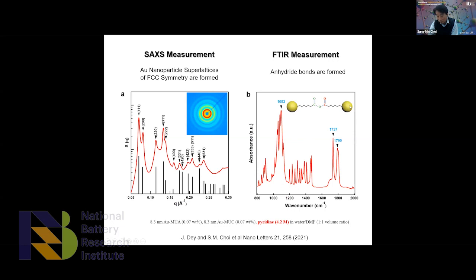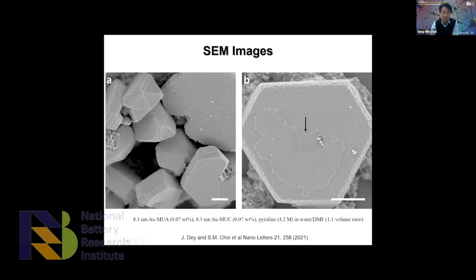Here, the same size of gold, 8.3 nanometers. These are the SEM images. Made of gold, a very nice superlattice a few microns in size. Of course there are also some defects, and by looking at this, they are growing layer by layer.